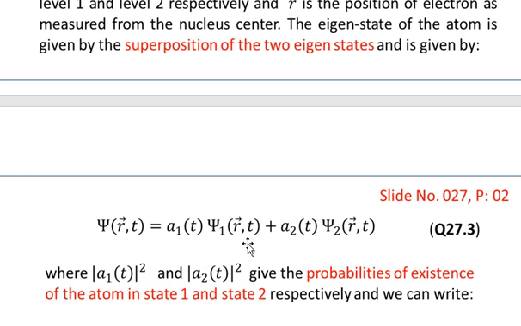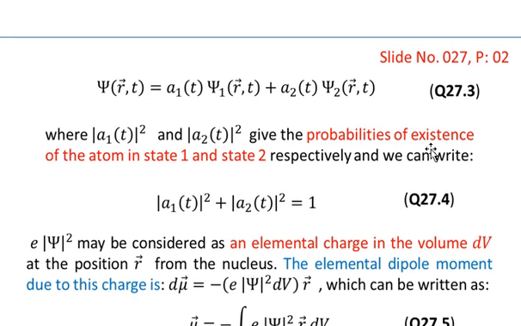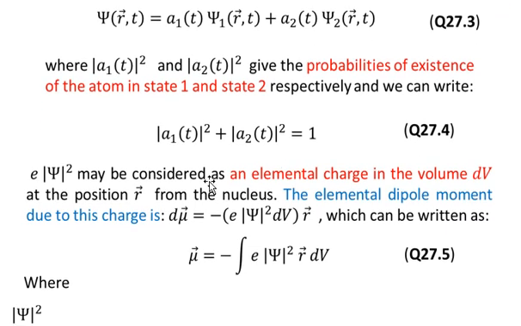So psi of r and t is equal to a1 of t into psi1 of r and t plus a2 of t into psi2 of r and t, where mod a1 of t squared and mod a2 of t squared give the probabilities of existence of the atom in state 1 and state 2 respectively, and can be written as mod a1 squared plus mod a2 squared is equal to 1, because the total probability of existence of the electron in these two states is 1.